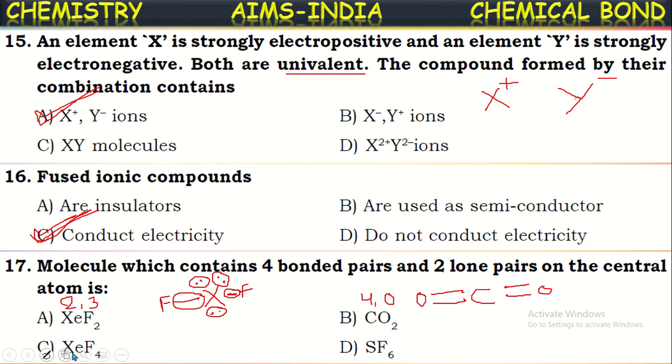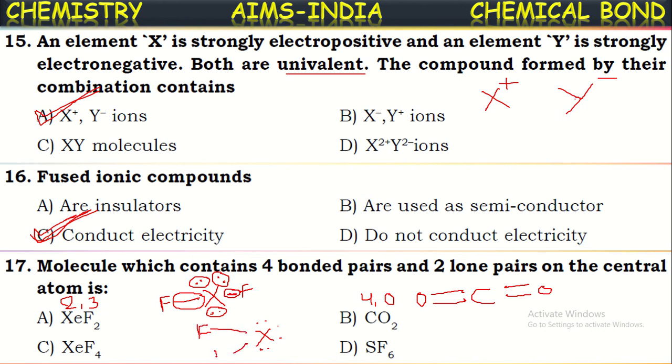If we say xenon tetrafluoride, let us write that also here once. So xenon will be having 4 bond pairs of totally 8 electrons in its valence shell. Isn't it? So 1, 2, 3, 4, 5, 6, 7, 8. It is participating in the bond formation with the 4 fluorine atoms.